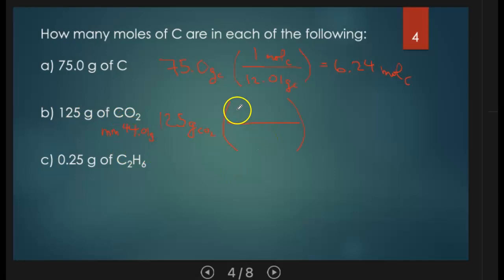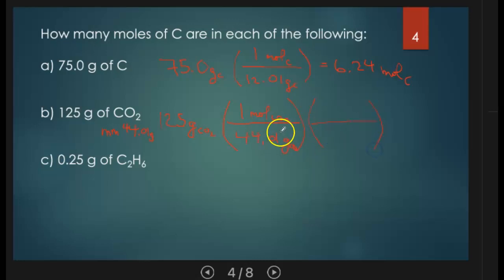Now that's what I have 125 grams of, not just the carbon by itself. So we're going to say 125 grams of CO2 converted to moles of CO2 over 44.01 grams of CO2. But remember, we want to get moles of carbon.